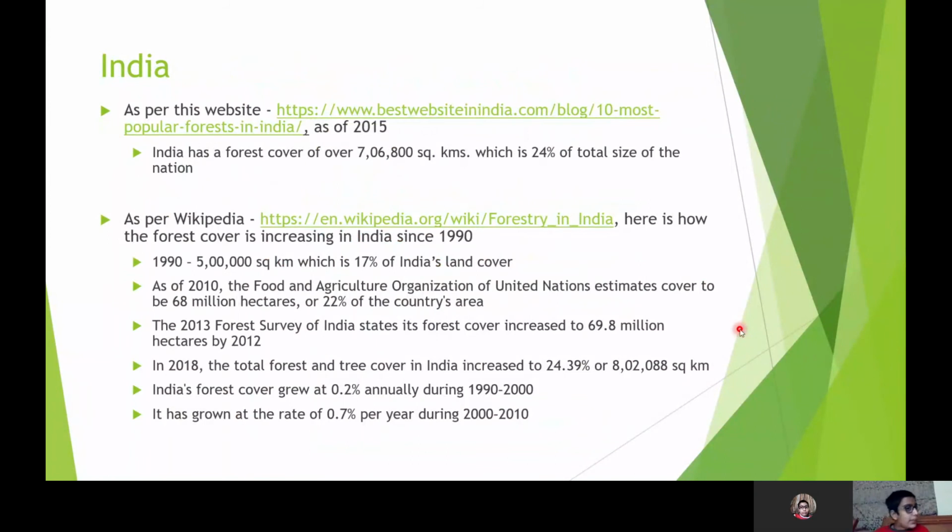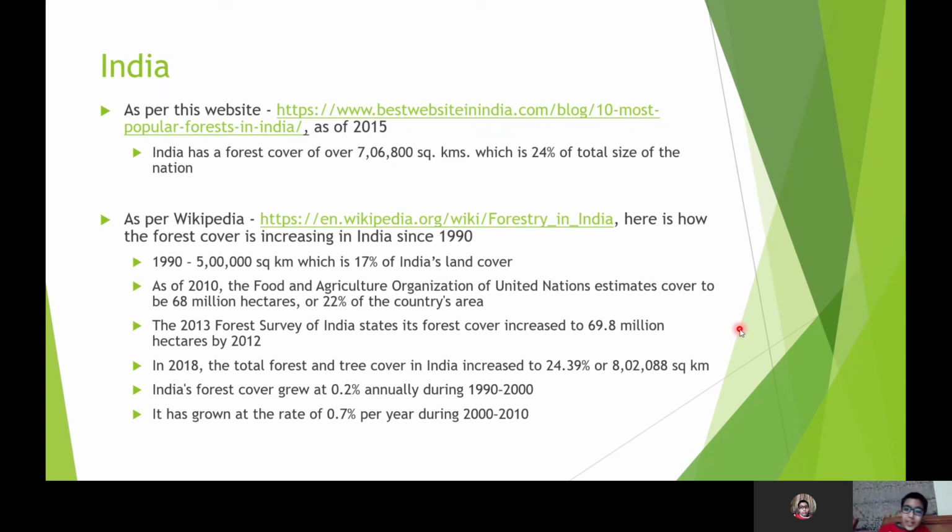In India, as per this website, as of 2015, India has a forest cover of over 7,06,800 square kilometers, which is 24% of the total size of this nation.